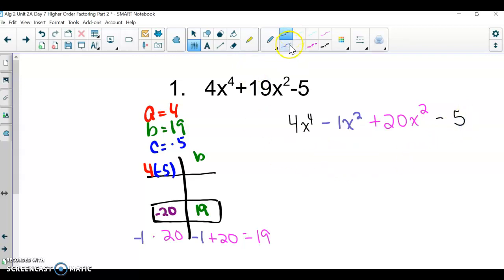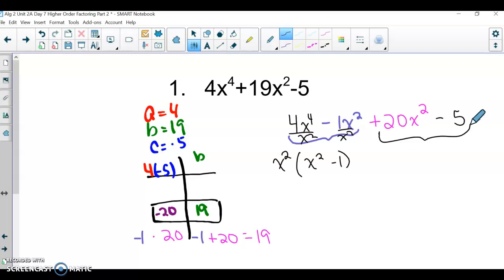And so now we look and we group the first two together. What do these two have in common? They both have in common an x squared. So we divide by x squared. We have x squared minus 1. And then we look at what these two have in common, the 20x squared minus 5, the greatest common factor.